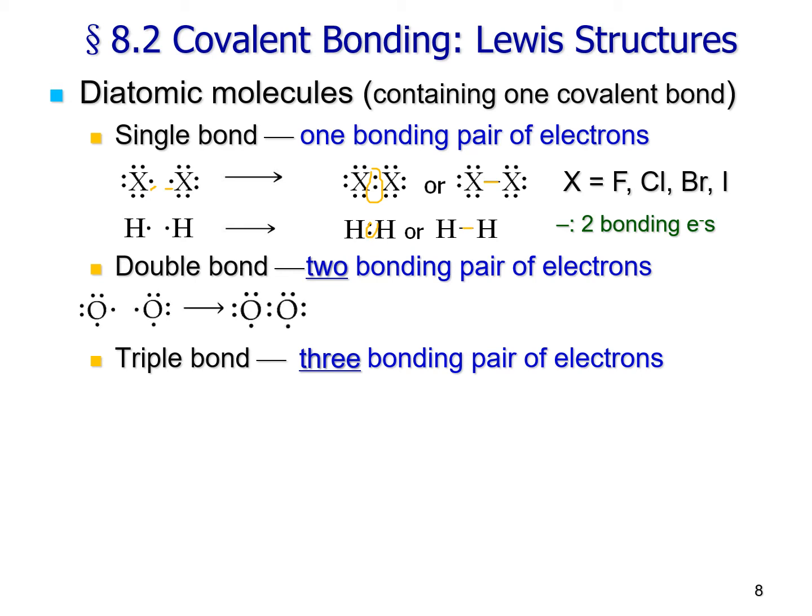Oxygen would be a very good example to explain how a double bond is formed. As we see the 2 oxygen atoms start to approach each other, these 2 unpaired dots start to pair themselves here.